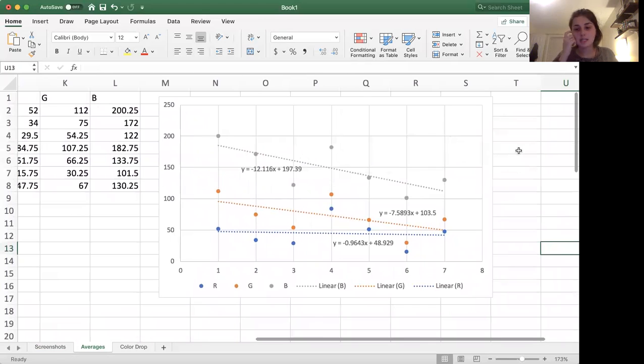And as you can see, they all are on a negative trend, which leads me to believe that the Adobe Photoshop method of valuing saturation is different than what I had thought it was. Because clearly as time went on, the fabric became more saturated and much more dark. So I'm assuming if you inverted this graph, they would all be positive. I think it's just the way that Adobe grades saturation.